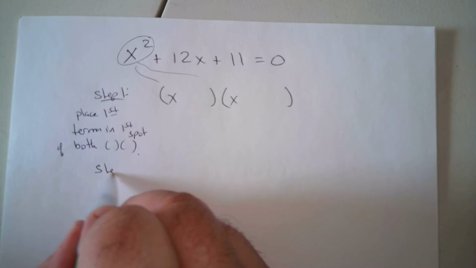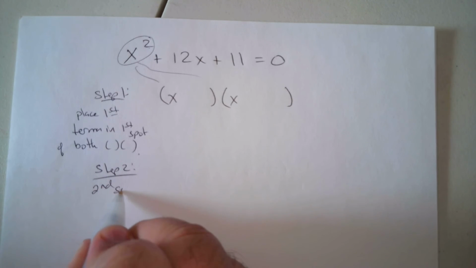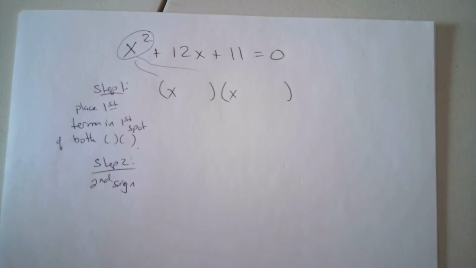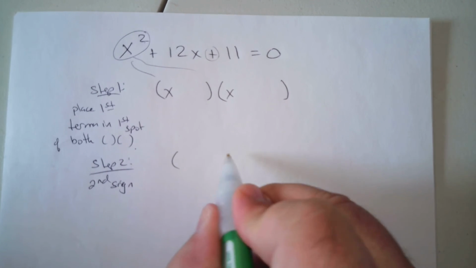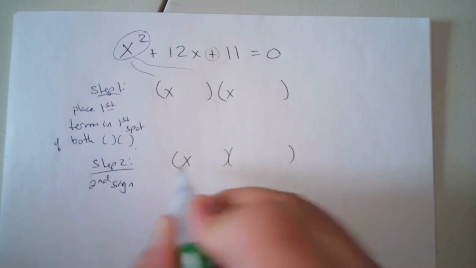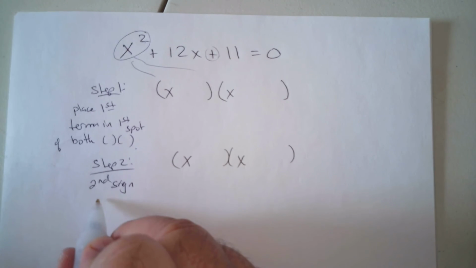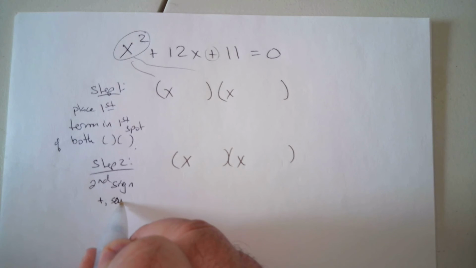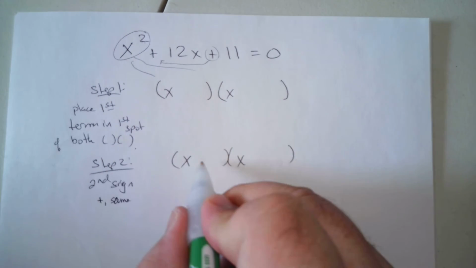Step 2. Second sign. The second sign is a plus. Since the second sign is a plus, they're the same. They're whatever the first sign is. They're both plus in this case.